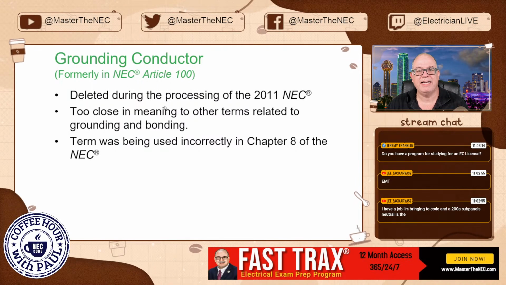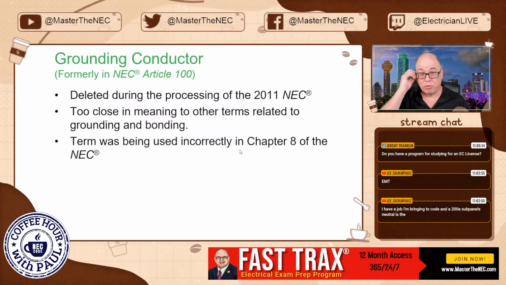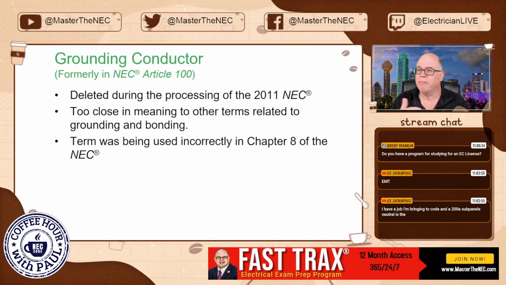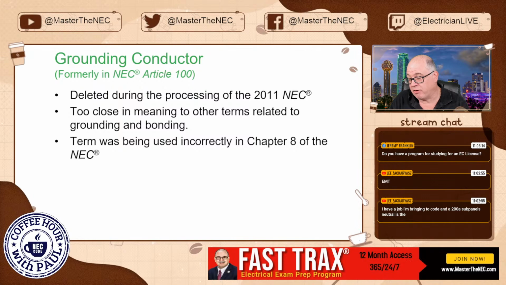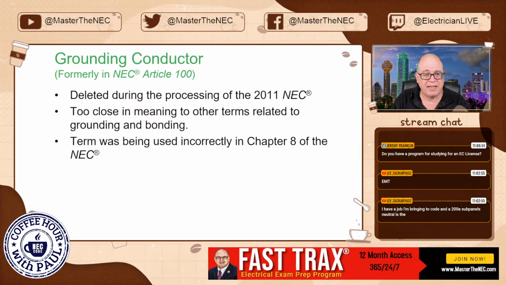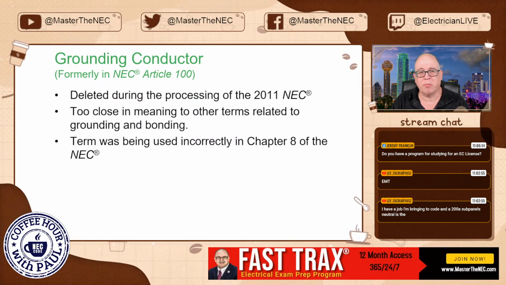The term grounding conductor was actually deleted in 2011 because, again, what is a grounding conductor? We have equipment grounding conductors, we have grounded conductors. There's no sense in making confusion between the two, right? So get rid of the term grounding conductor.